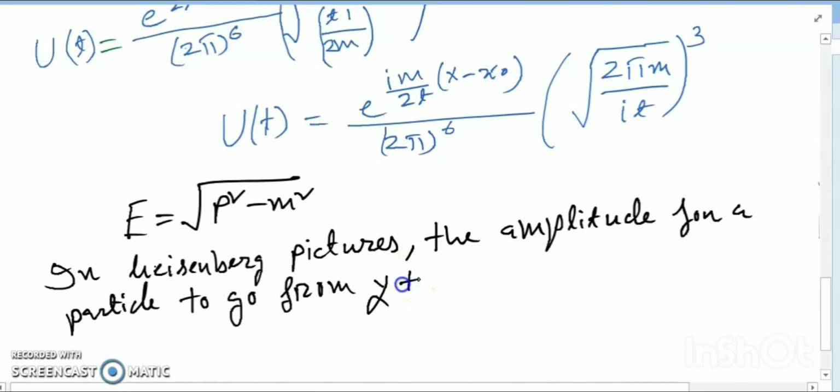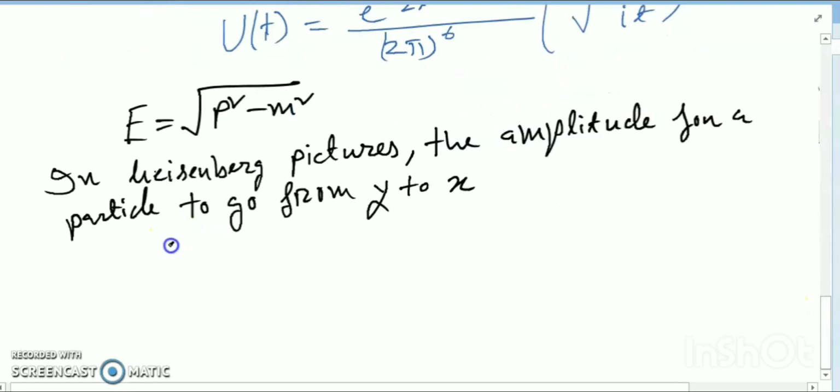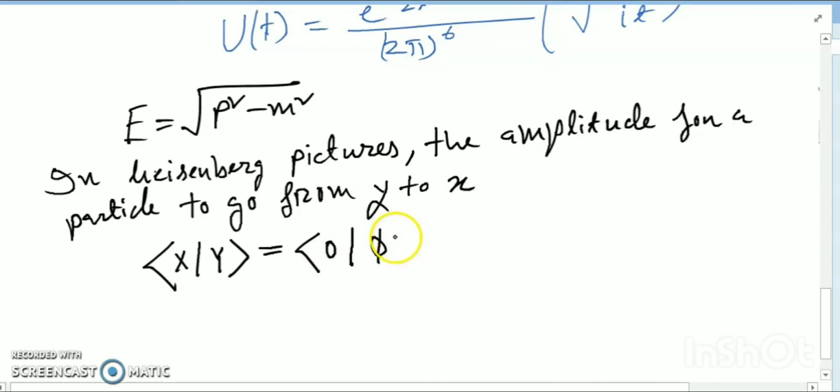is given by bra x ket y. This inner product can be written as vacuum, acting on our field phi x, our field phi y, vacuum.